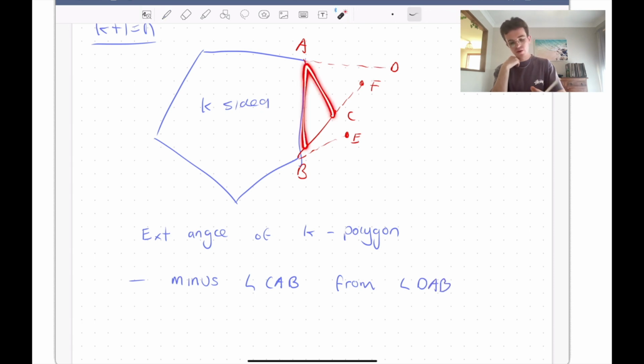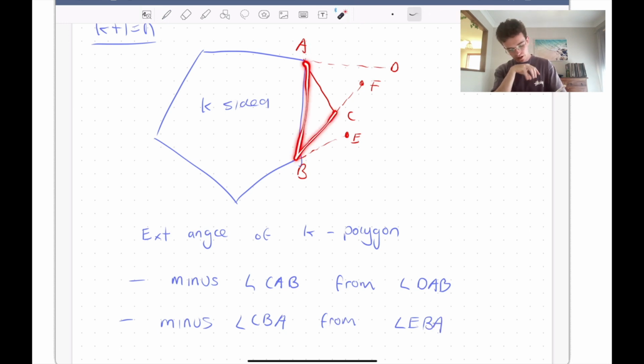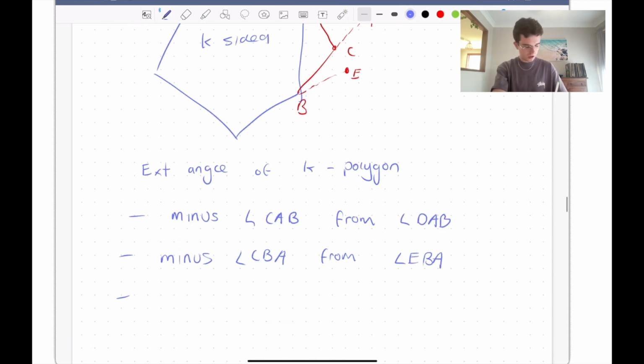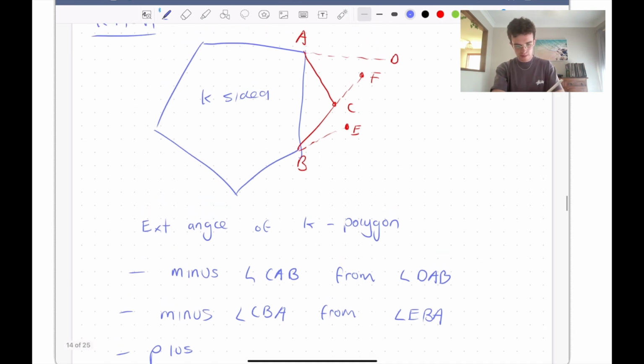So we're getting this angle and we're taking it off that angle there, because this is our new exterior angle here, no longer is it this. We're also going to minus angle CBA from the exterior angle EBA. So we're minusing CBA from this whole exterior angle EBA, and we're getting the new exterior angle EBC. We're also, though, going to plus our new exterior angle of ACF.